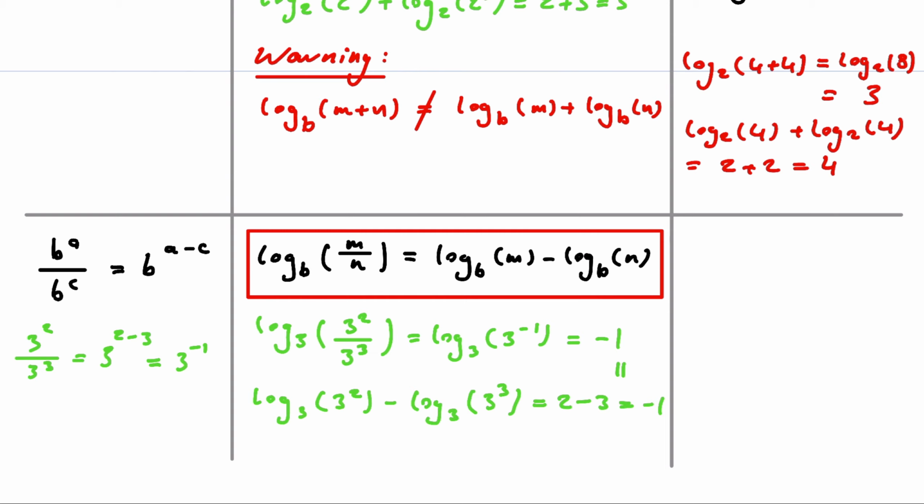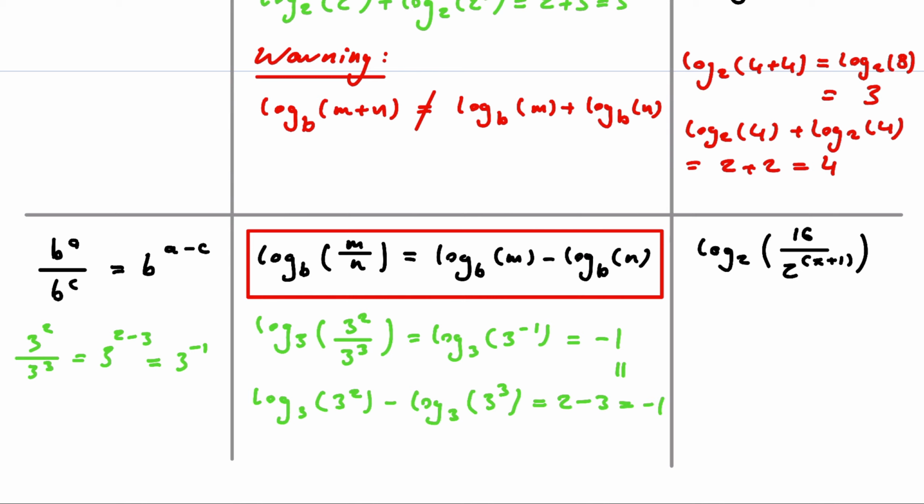Let's do a slightly more challenging example. Let's do something like this. So imagine if I want to try to simplify in some way an expression of this form. Log base 2 of, let's say, 16 divided by 2 to the power x plus 1 in the exponent. Let's take that, shall we?